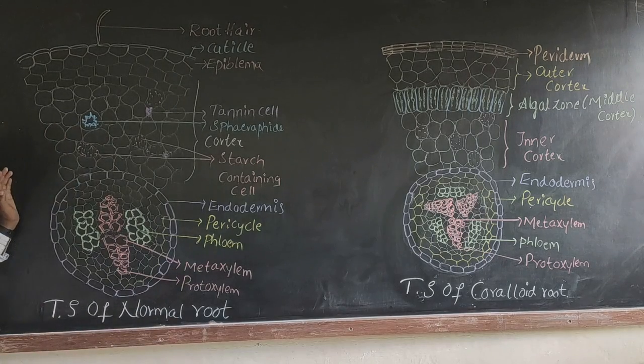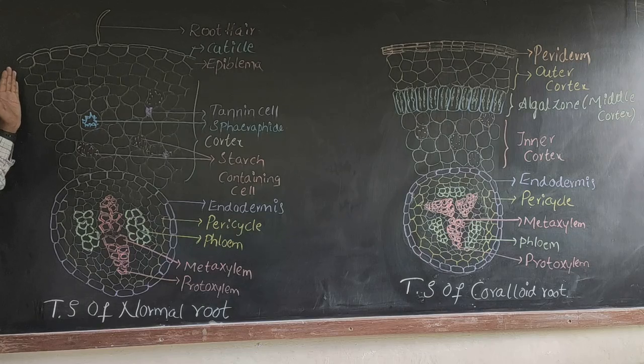First, let us see the internal structure of a normal young root. If you take a section of the normal root and observe it under the microscope, the transverse section exactly looks like this. The section of the normal root is mainly divided into three regions.